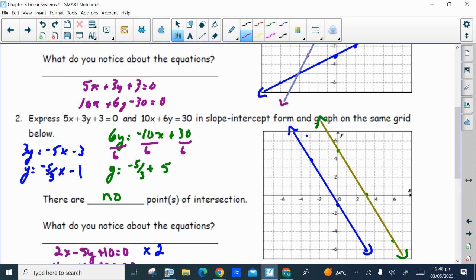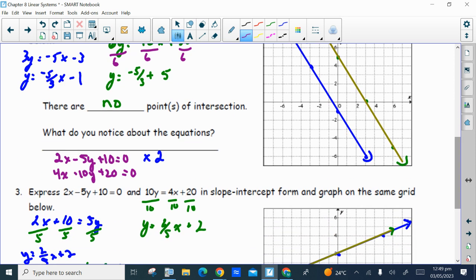They had the same slope. And for that to occur, only the x and y terms are multiples of each other. Right? 5x times 2 gives you 10x. 3y times 2 gives you 6y. It's not the same multiple for the constants.